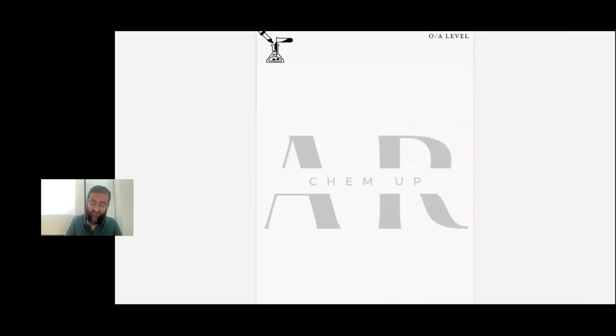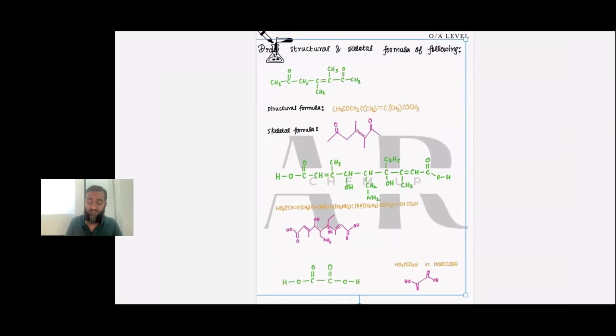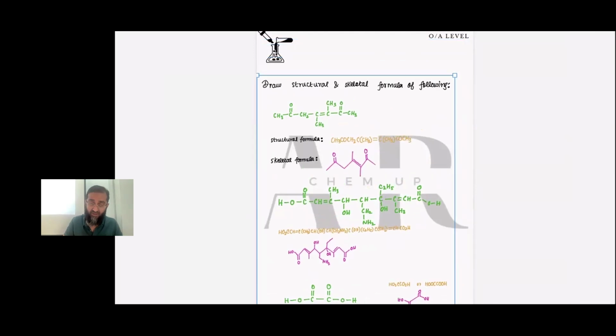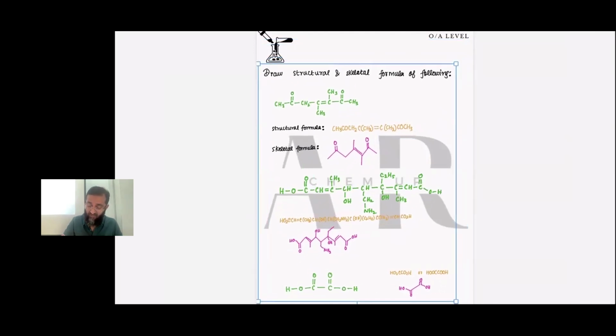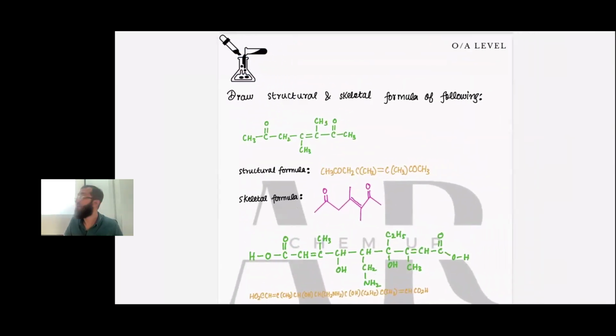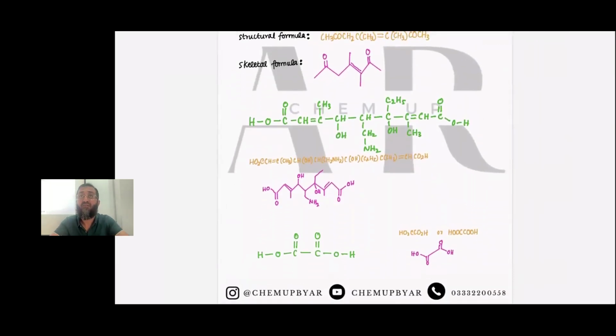So there are a few more examples. I'm just sharing them over here so you can go over how to draw the skeletal and the structural formula of different compounds.